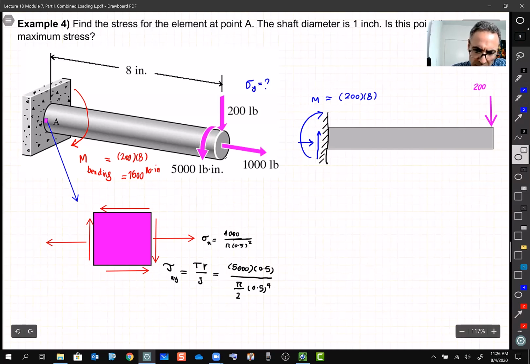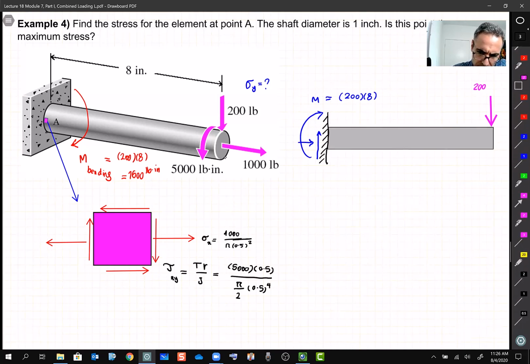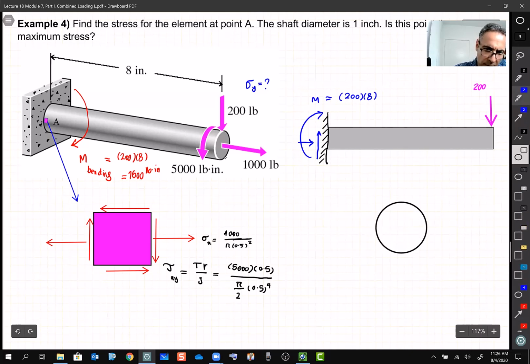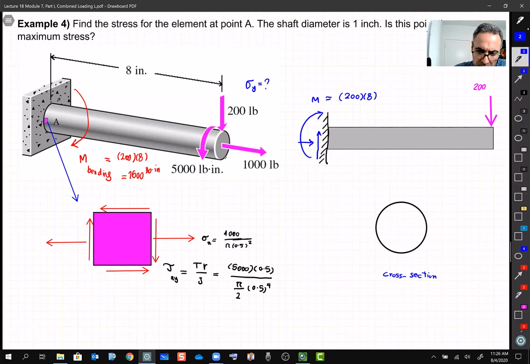Let me draw the cross section here. Where is my cross section? Yeah, let's do it with this one. So this is the cross section, and this is point A that we are discussing now.